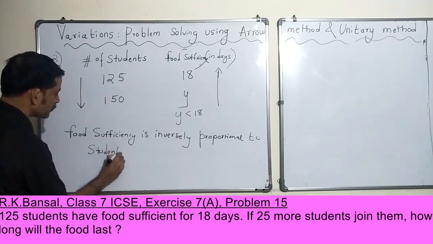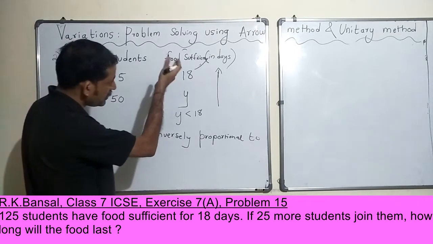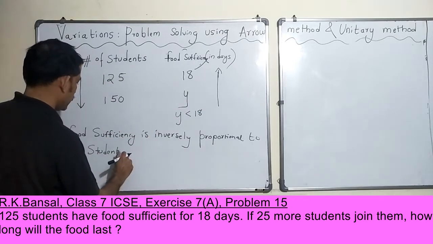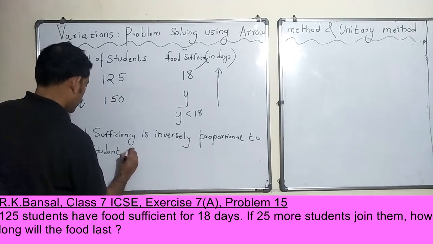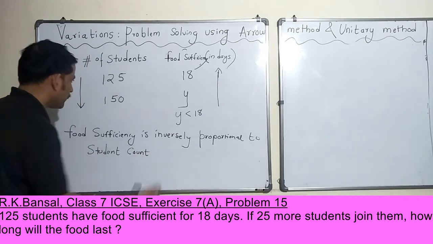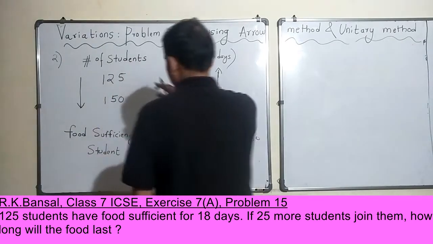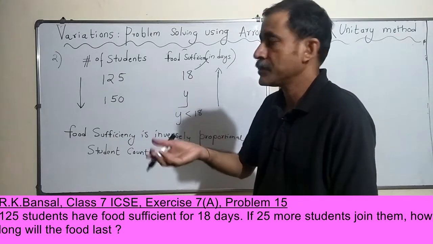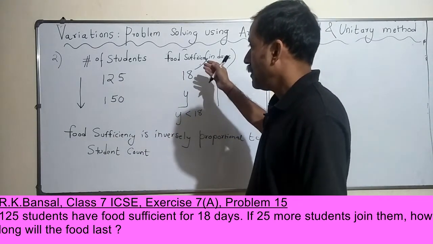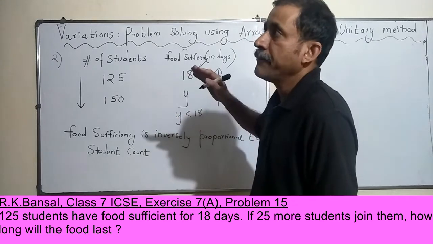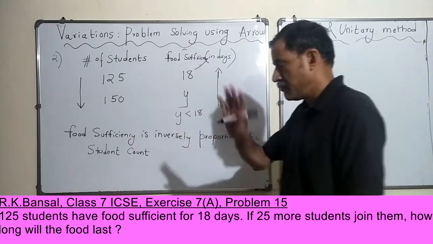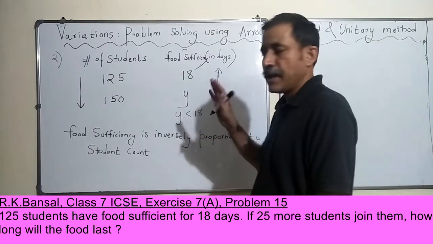Correct? As the number of students increases, the food sufficiency in number of days would be reduced. It means that if students reduce, instead of 125, if there were only 100 students, the food which was sufficient for 18 days probably would have been sufficient for maybe more than 20 days or so. Just a ballpark number, but the exact value we have to calculate.